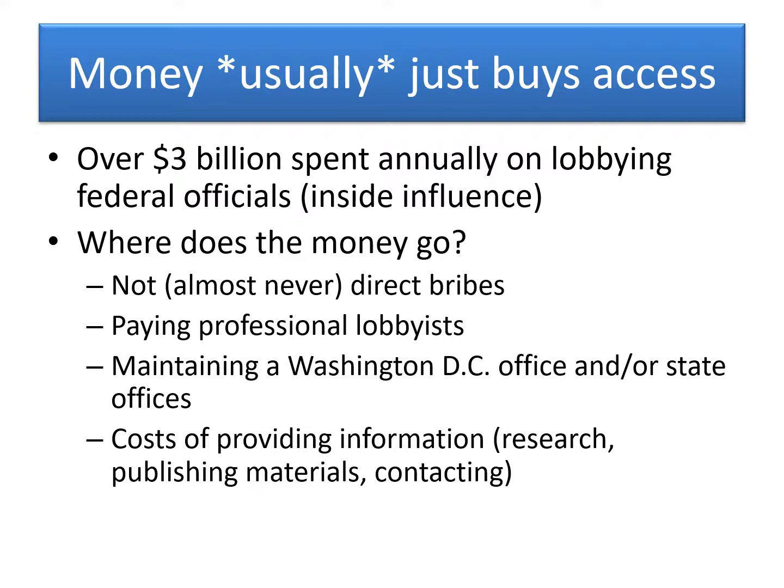But that money goes towards paying the salary of lobbyists and paying the lobbying firms, for interest groups to have offices in centers of government where they want to have an influence, and for paying staff members to research, publish things, market the group, maintain contact lists of representatives and particularly representative staff, that kind of thing. And it's a lot of money.